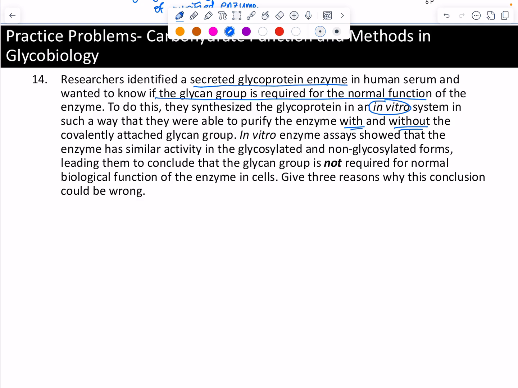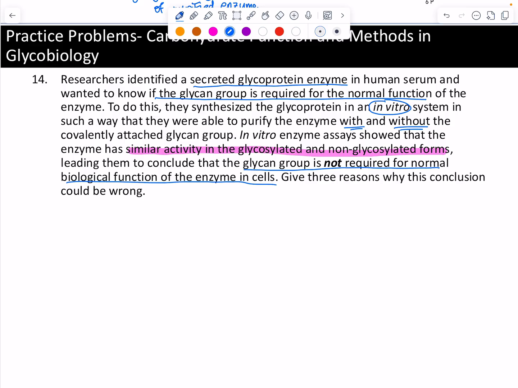In vitro assays show the enzyme actually works in both forms. So the key here is similar activity in both the glycosylated and non-glycosylated form. So they say that proves that the glycan group is not required, okay? So, give 3 reasons why this conclusion could be wrong.